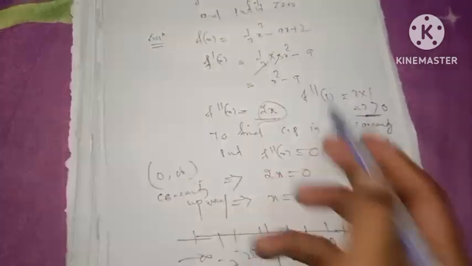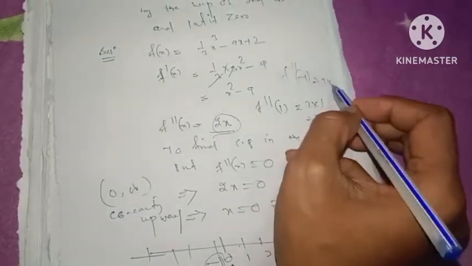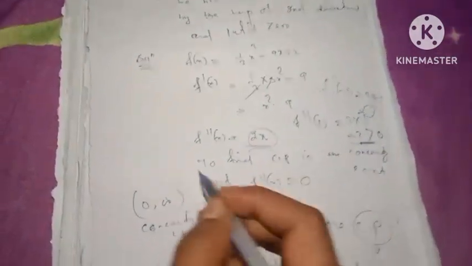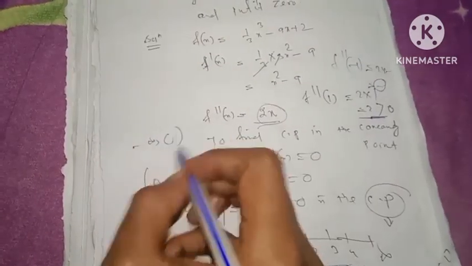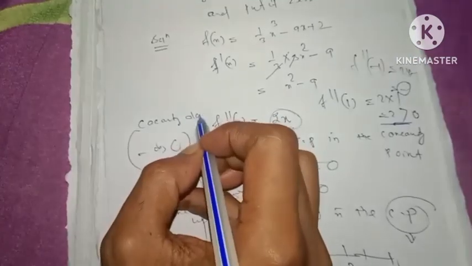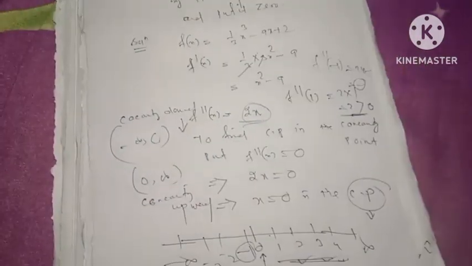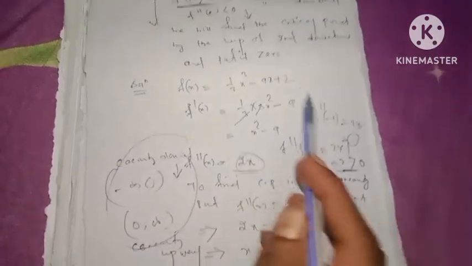If you put a negative number, f double dash of -1 equals 2 into -1, which is -2. Then I will write minus infinity to 0 is concave downward. So these are the intervals for this given question.